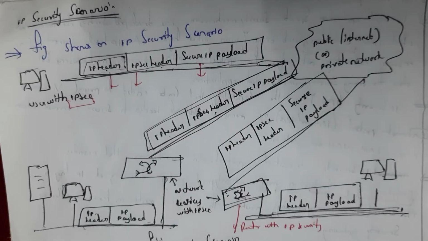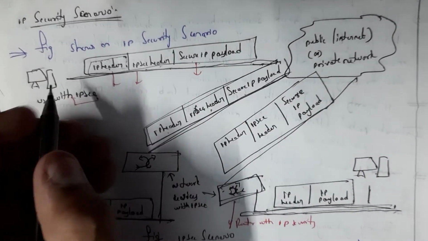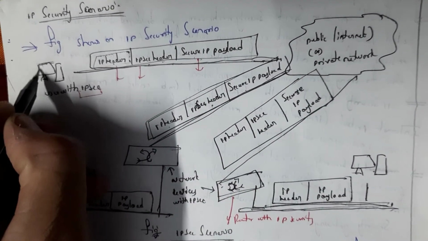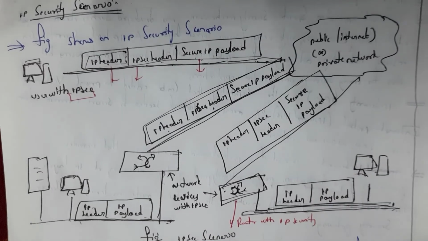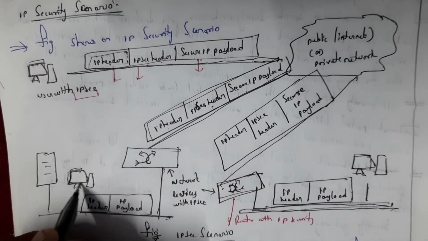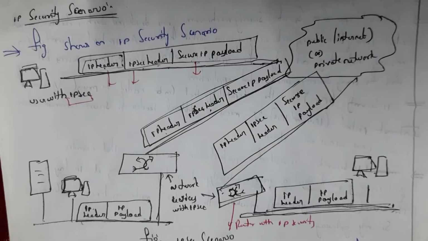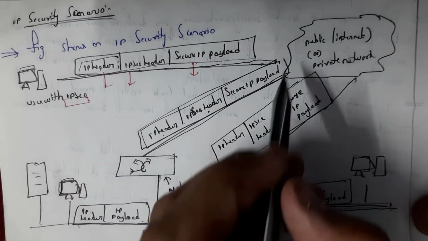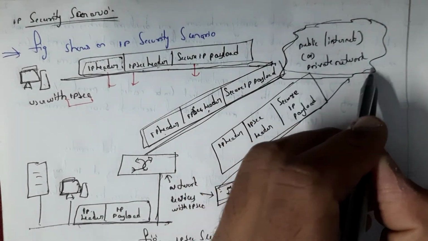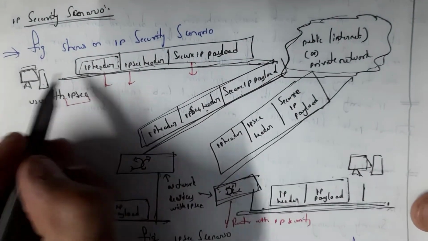This is the IP security scenario. Here there is a person, this person is user A, this person is user B, and similarly this person is user C. All these users are connected to the public internet or a private network.